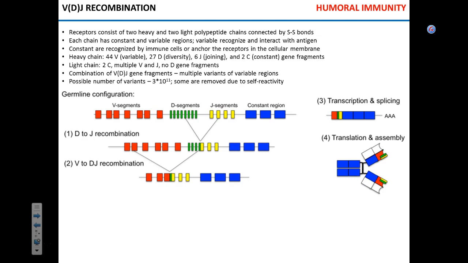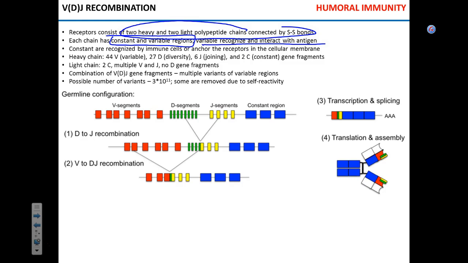Does that make sense? So, if you think about the B cell receptor, it has two heavy and two light chains, right? Connected by the bonds. Each chain has constant and variable regions. And the variable regions interact with antigen.